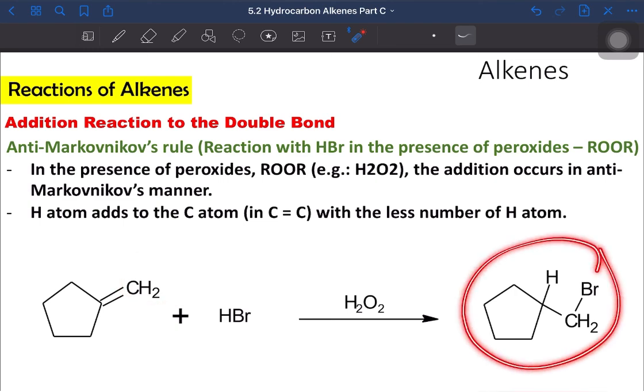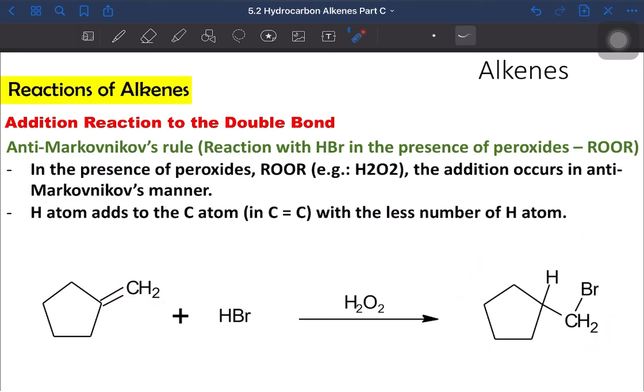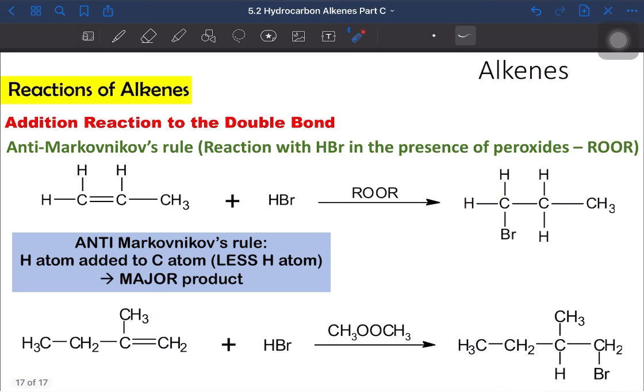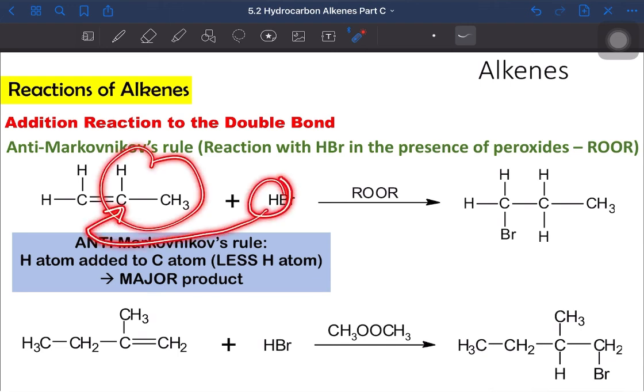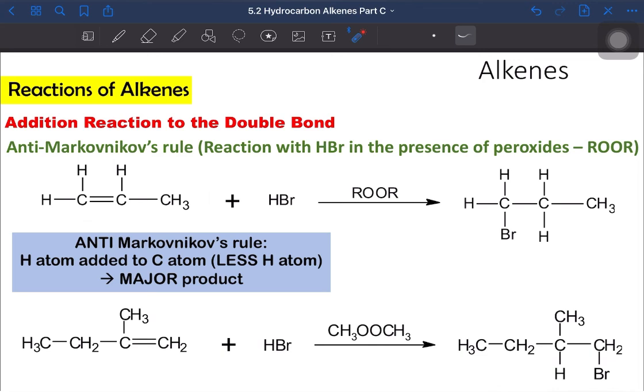So this will be the product formed. For the next example, we have this unsymmetrical alkene reacting with HBr in the presence of peroxide. The H will be added to this carbon here because this carbon has less hydrogen, and then the Br will be bonded to this carbon, so it will form this haloalkene.